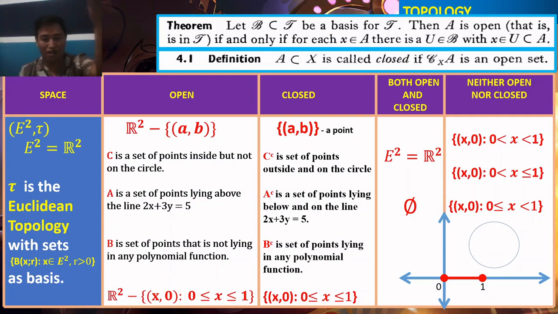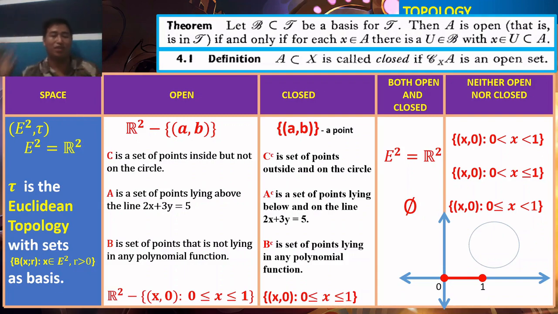Okay, so mao na din na ato ang naa sa fourth example. B is the set of points that is not lying in any polynomial function. So, kung naa kay points sa polynomial nga line, kung naa sa line, okay, katong mga wala sa line nga mga points kay open set to siya.